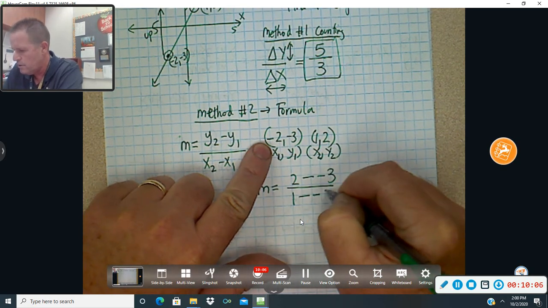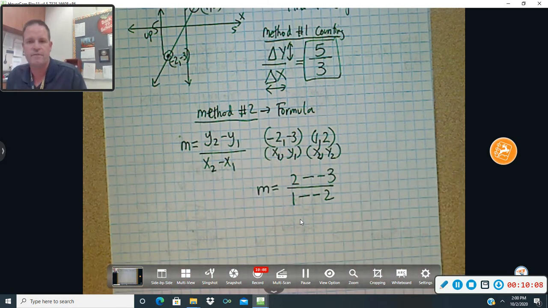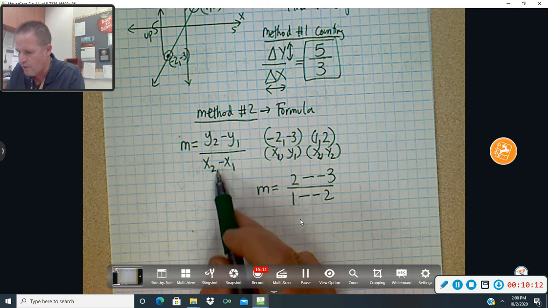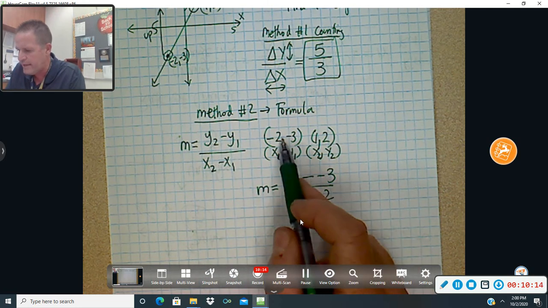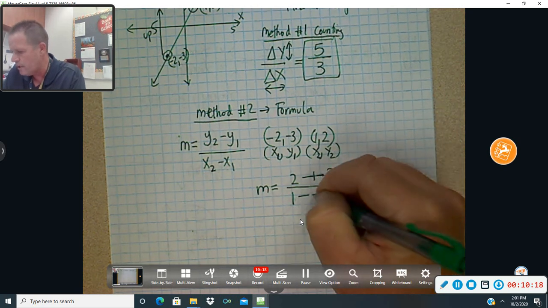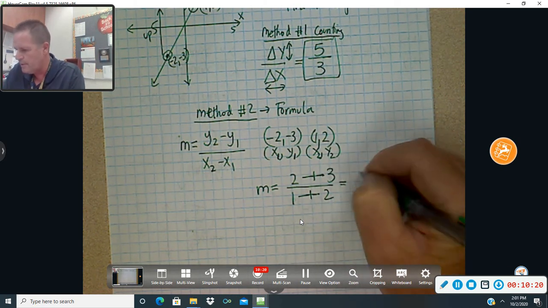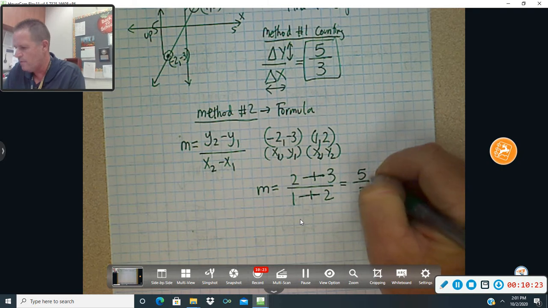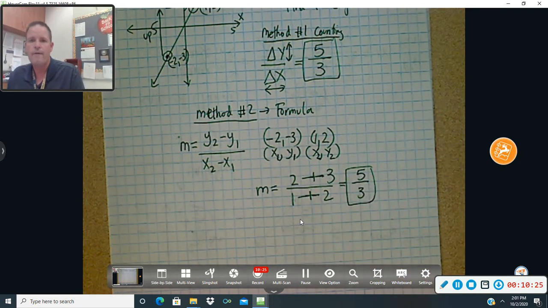Subtract x1, which is negative 2. Again, we've got the minus because the formula has it, and we have minuses because those numbers were negative. So minuses are going to turn into plus, and we're going to be left with 5 over 3 as our slope using the formula. Again, the formula is faster, it's quicker, and pretty easy to do.